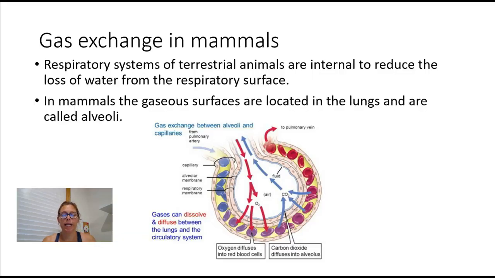So looking here, we are looking at a diagram of an alveoli. Now, one alveoli is called an alveolus. Alveoli is plural. So we are looking at a way that we can increase our surface area and also improve that transfer of gases.